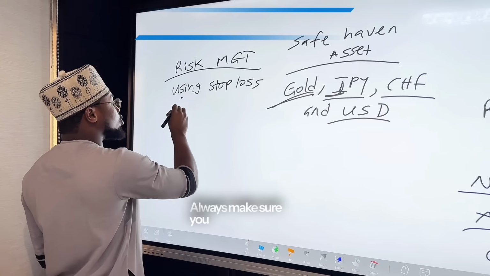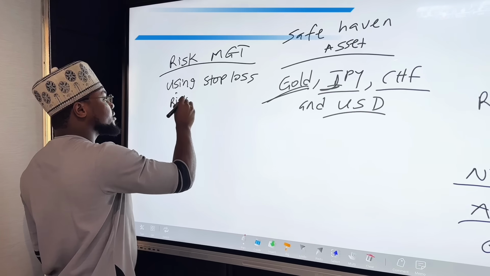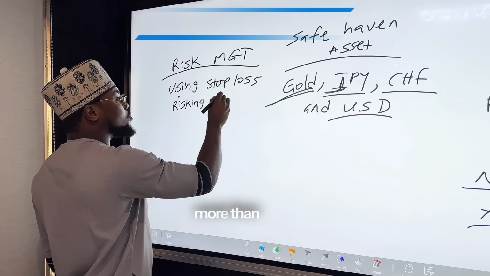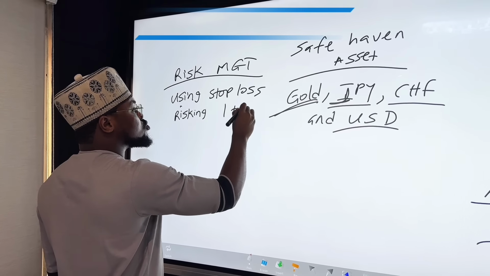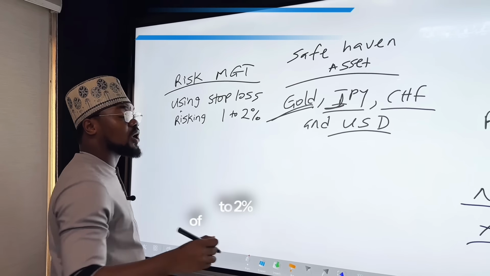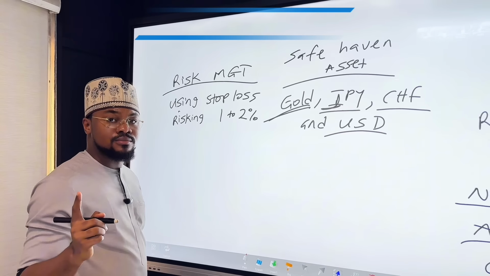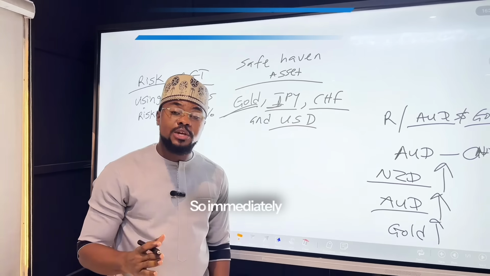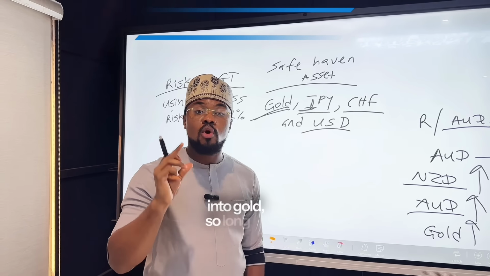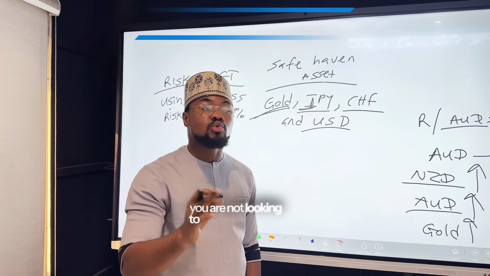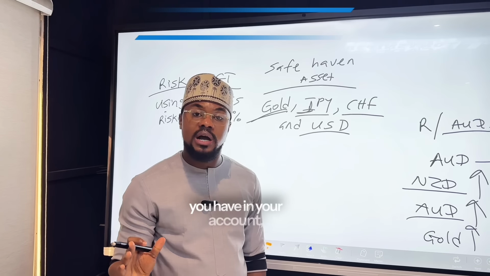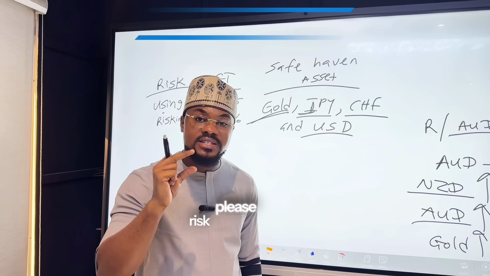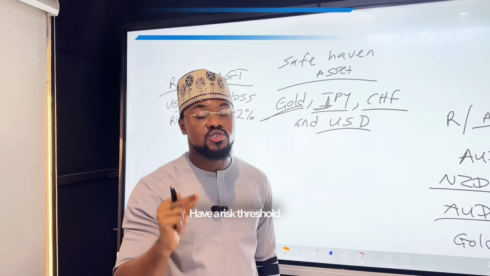Always make sure you're not risking more than 1 to 2% of your account size. Remember, gold is very volatile. So immediately you're going into gold, so long as you're not looking to lose the amount you have in your account, please risk accordingly. Have a risk threshold.